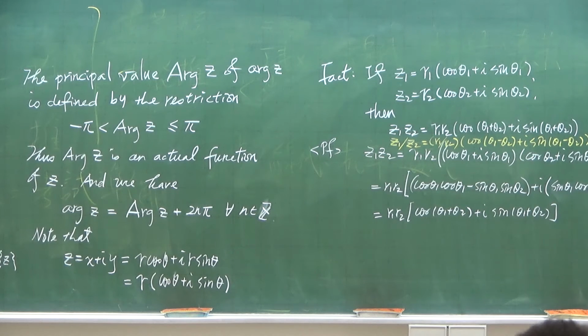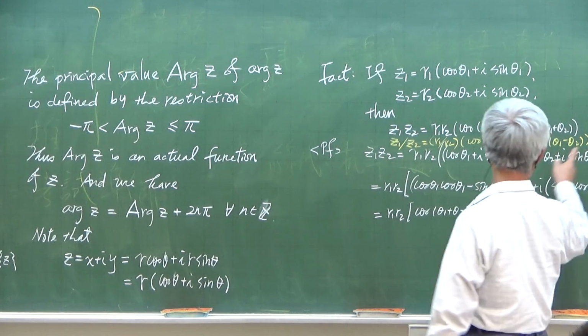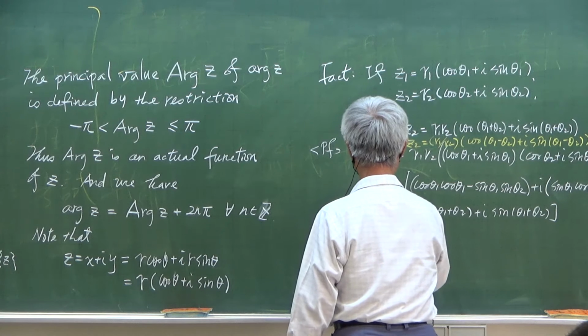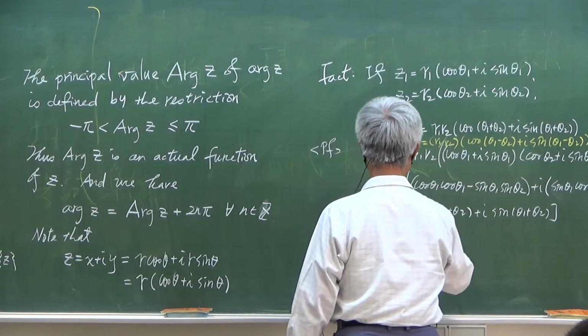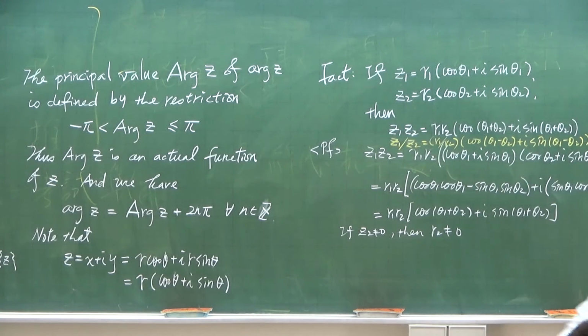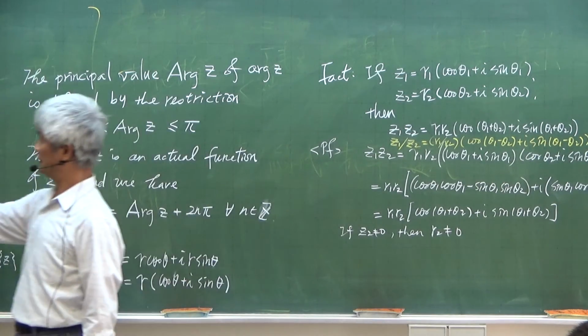So if Z2 is not equal to 0, then R2 is not equal to 0.